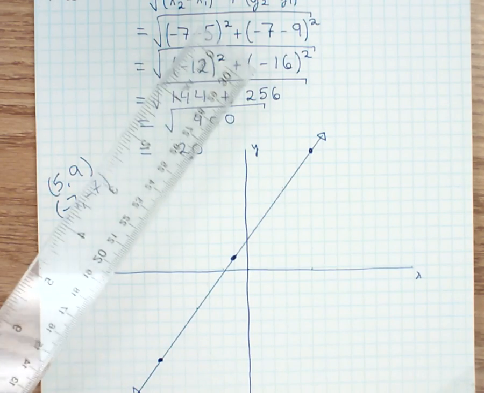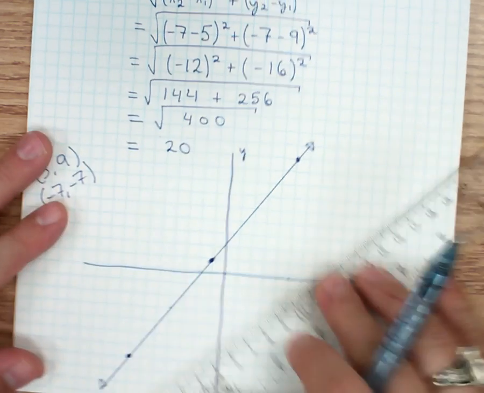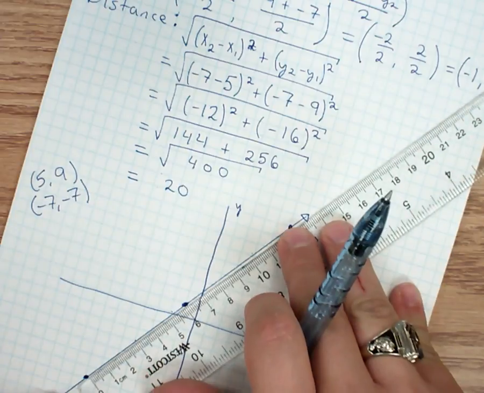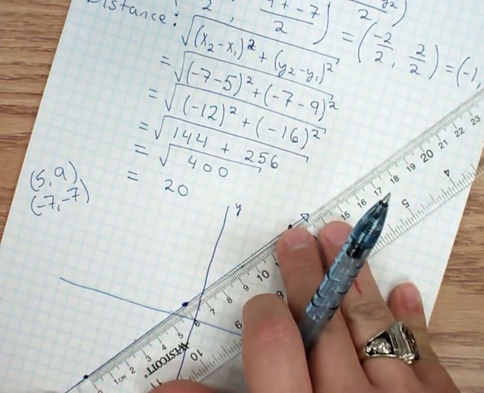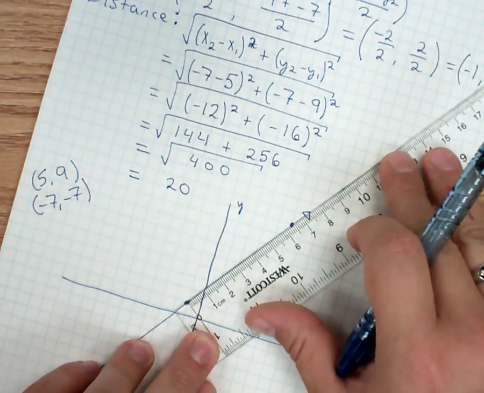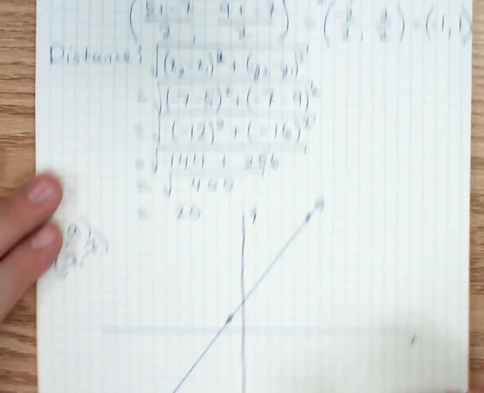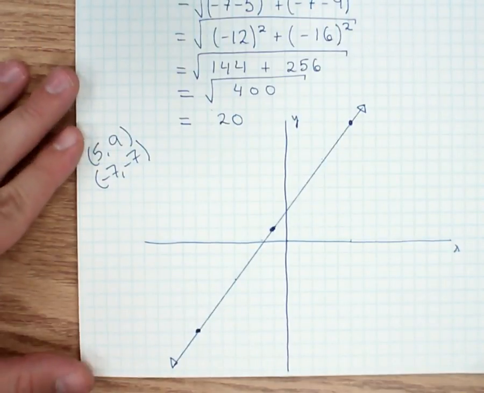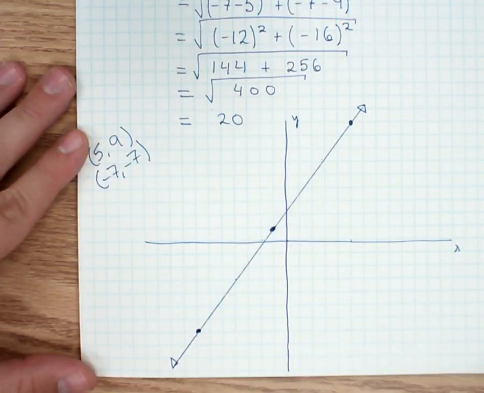So if you wanted to, you could simply measure that. That's a little over 6 centimeters, and a little over 6 centimeters. So it looks like we're pretty much correct on that. Obviously, if you got something that was off the line, your answer would be wrong.